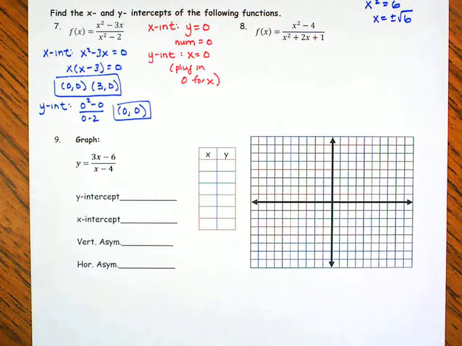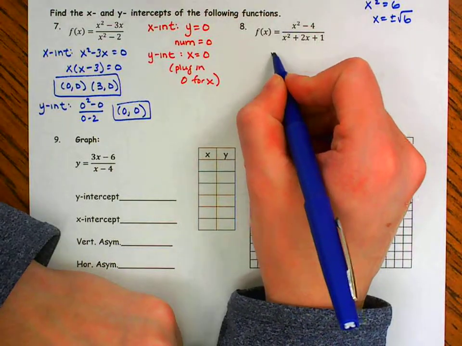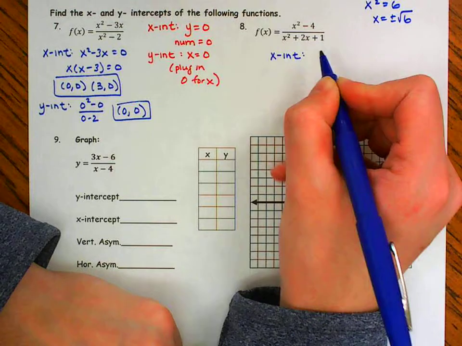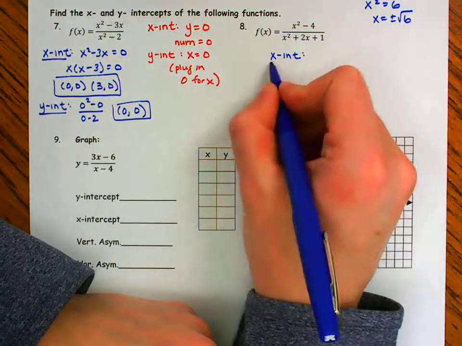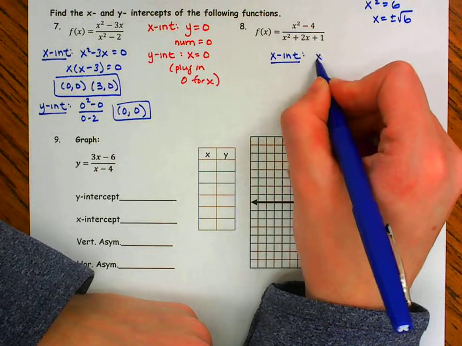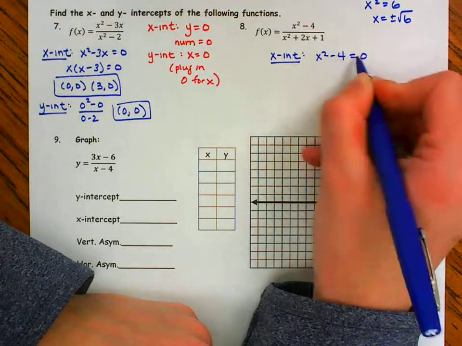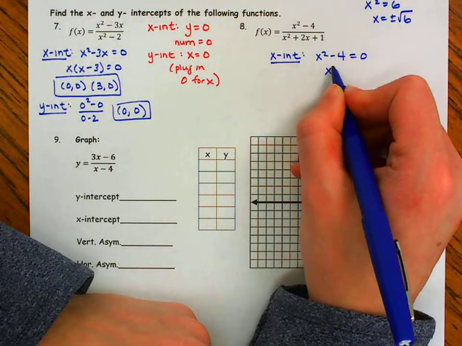Okay, let's do this over here now. Let's do x-intercepts first. So maybe I'll underline these just so they show up better. Okay, my x-intercept, remember, is my numerator equals 0. Hopefully you guys can figure this out in your head, but if I had to solve, I would do this.